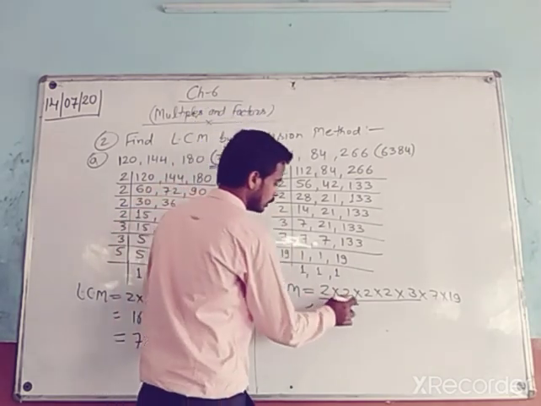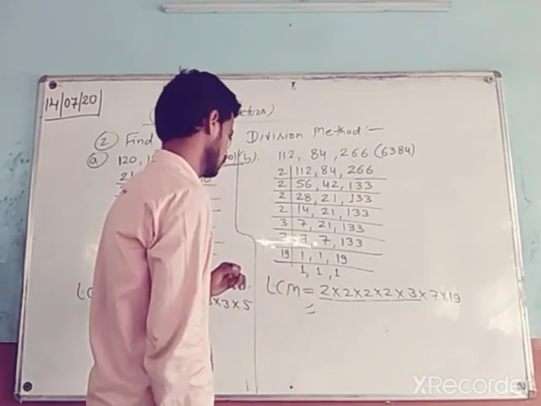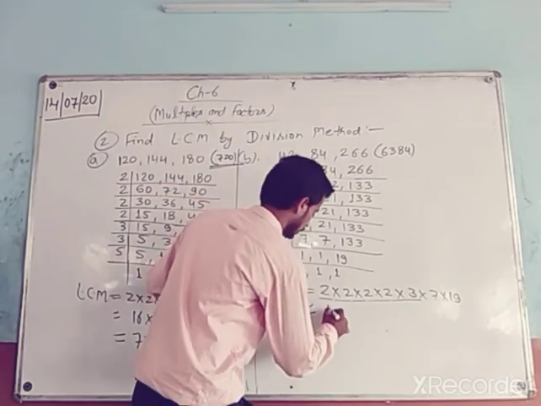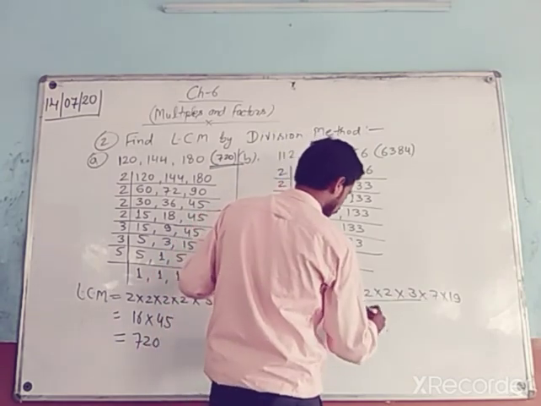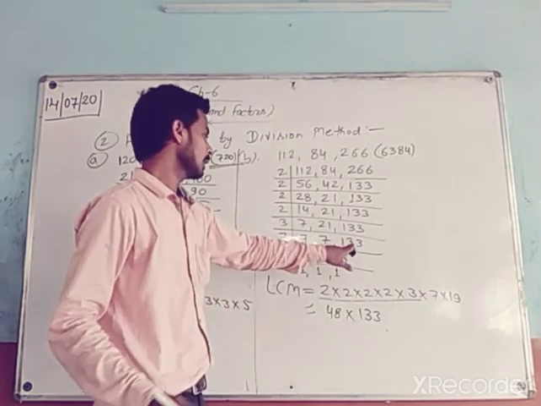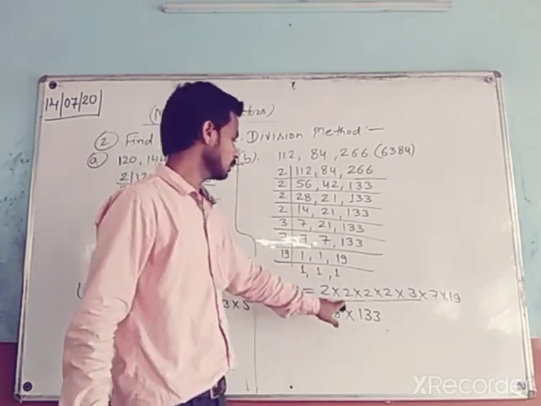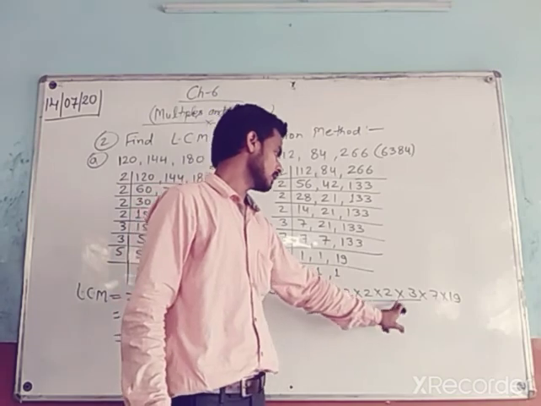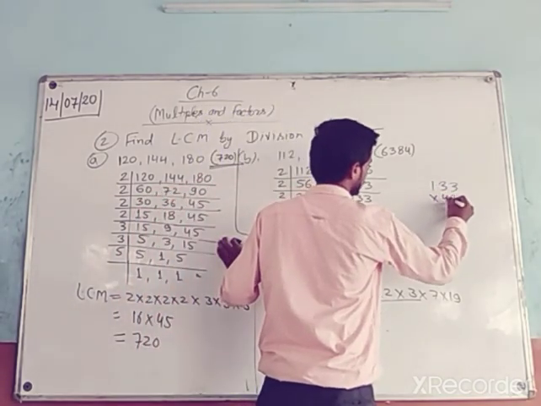See, 2 2s are 4, 2 4s are 8, 8 2s are 16, 16 3s are 48. Multiply by 19 7s is 133. See, 19 7s are 133, and 48. Now multiply 133 by 48.